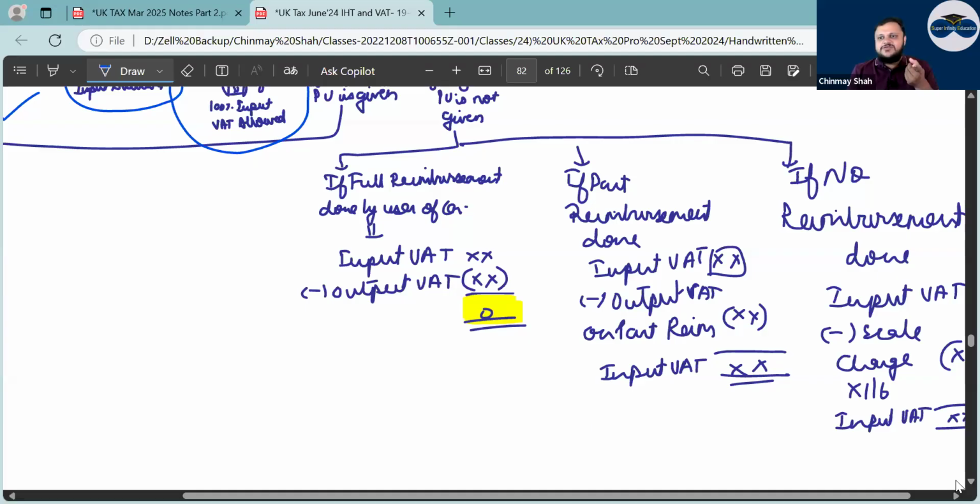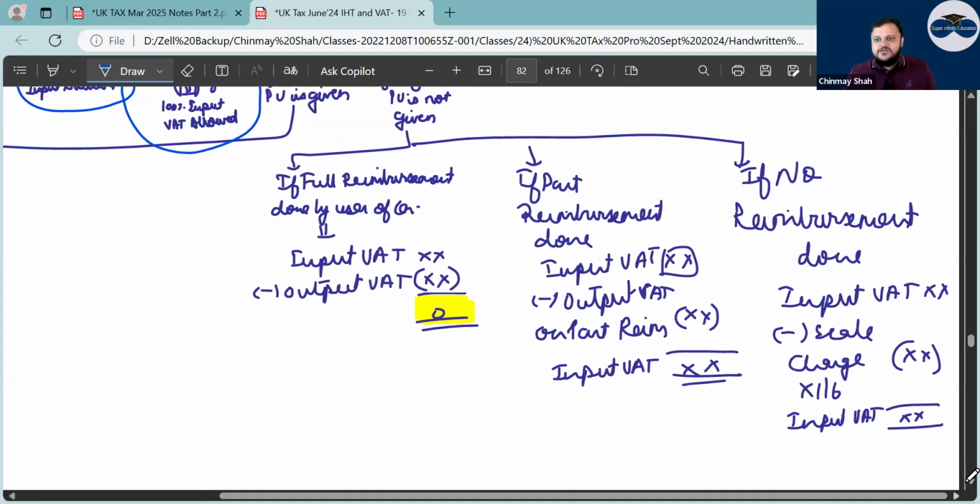So I ask, sir, how much was the fuel cost for the full year? They say 10,000, correct? I reimburse the full 10,000 to my employer, so no input VAT is available to the employer. But if he says 10,000 is the cost, and I say, no sir, I will only give 3,000, no problem. 10,000 input VAT minus 3,000, that is 7,000 input VAT you can take.